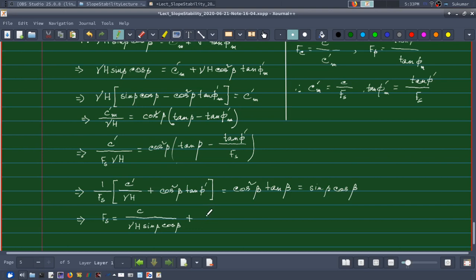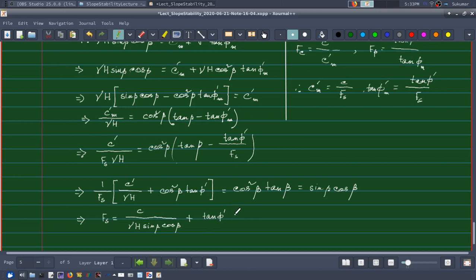It will be tan phi dashed into cos square beta by sin beta cos beta. So it will be cos by sin, so this is inverse of tan beta, so this is tan phi by tan beta, right?